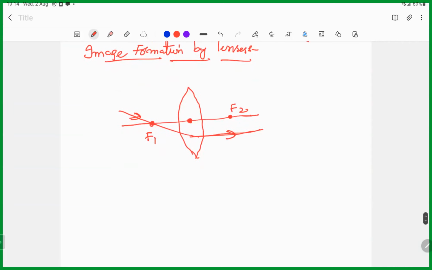What will happen in case of concave? So let's say this is F2. If it appears like coming from F2, then it will be parallel.